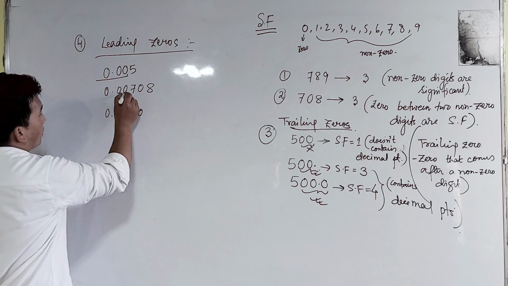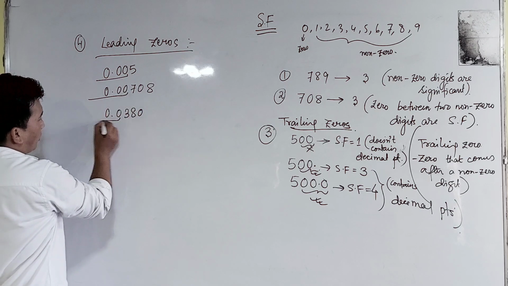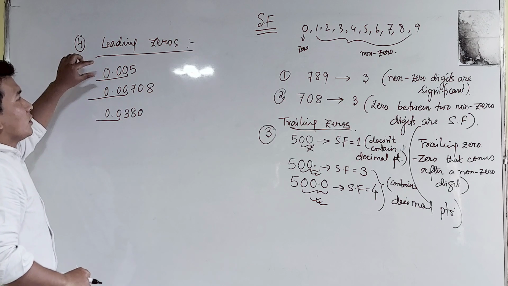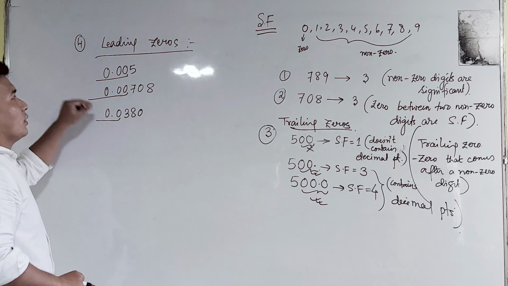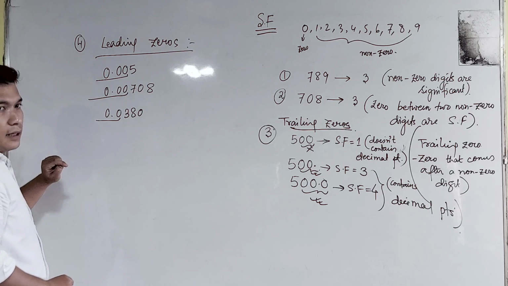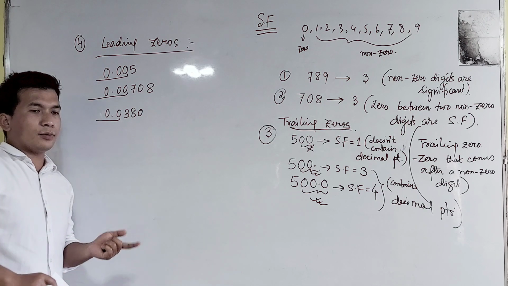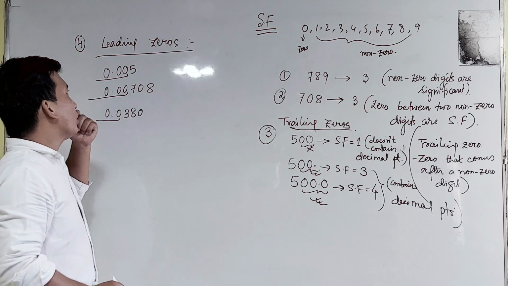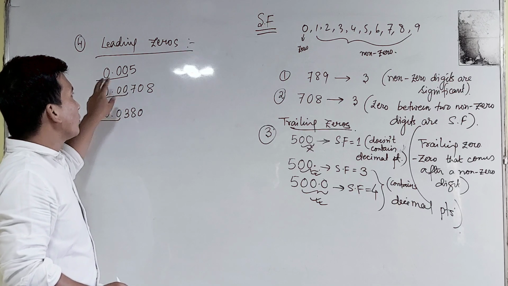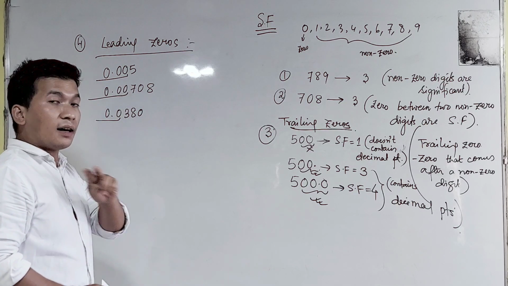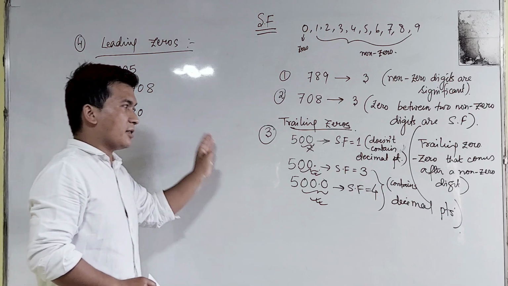This will be a trailing zero, this will also be a trailing zero. The zeros that come before a non-zero digit are known as leading zeros. Understood? We will not be counting the leading zeros. Leading zeros are insignificant.